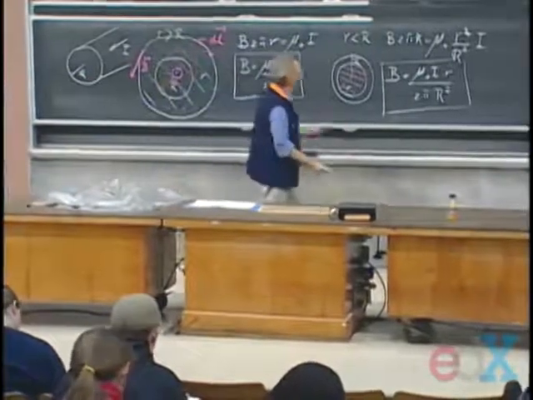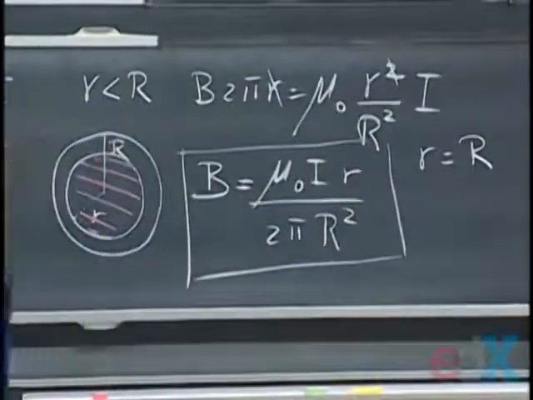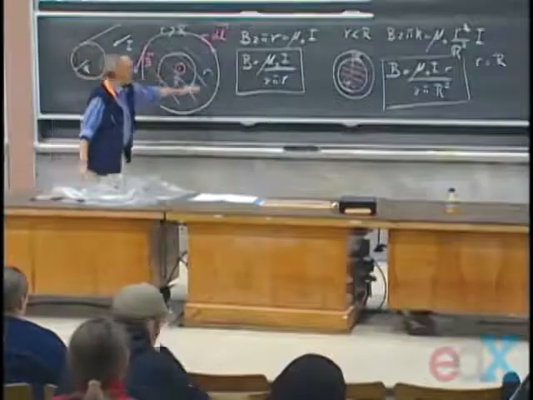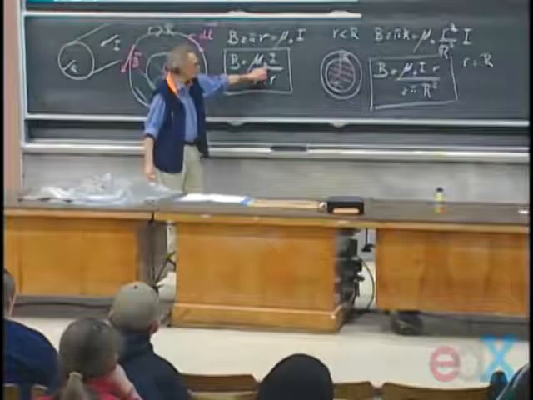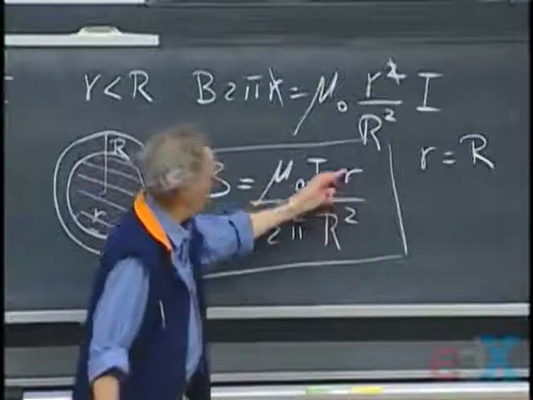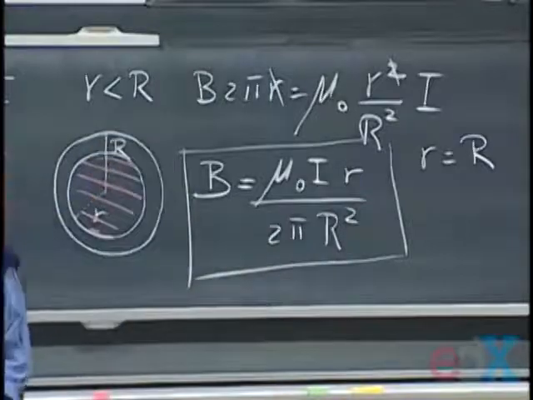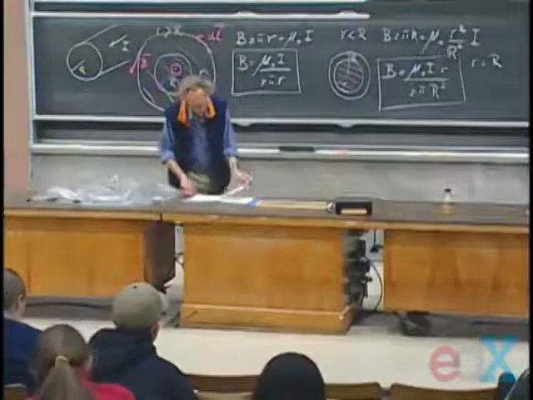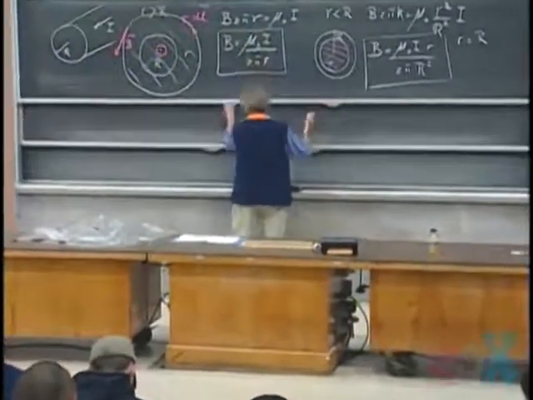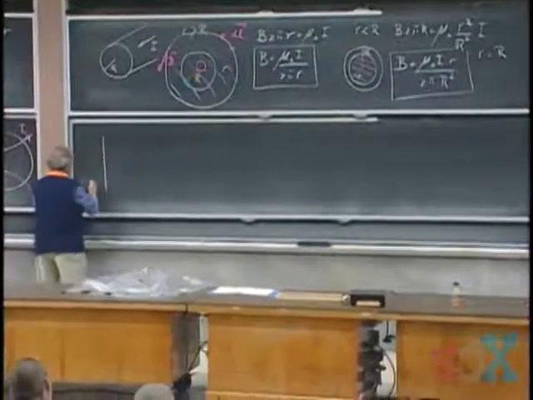And if you substitute in this equation r equals capital R, which then would be the magnetic field right at the surface of the wire, you find exactly the same result here. Little r becomes a capital R. If little r becomes a capital R, you lose one capital R, you get the same result. And so if you make a plot of the magnetic field as a function of little r, then it looks like so.